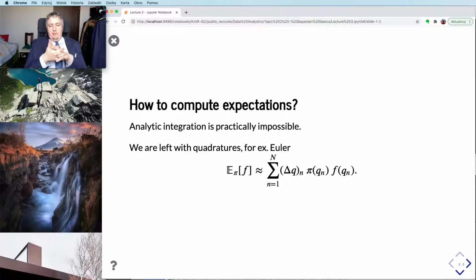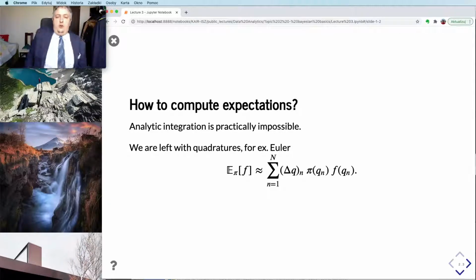If you remember again from the analysis course in your bachelor studies, there was a substantial issue of finding an analytic formula for certain integrals. Either you had to know a certain substitution, or the general algorithm led to very complicated formulas spanning multiple pages. Differentiation is easy, integration is hard. Generally, that's so. Analytic integration is impossible, so we are left with quadratures.